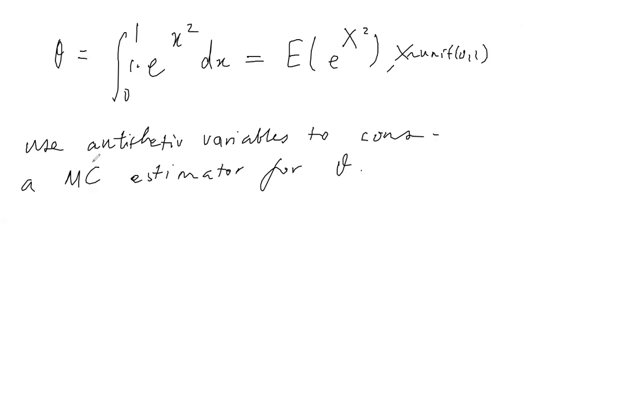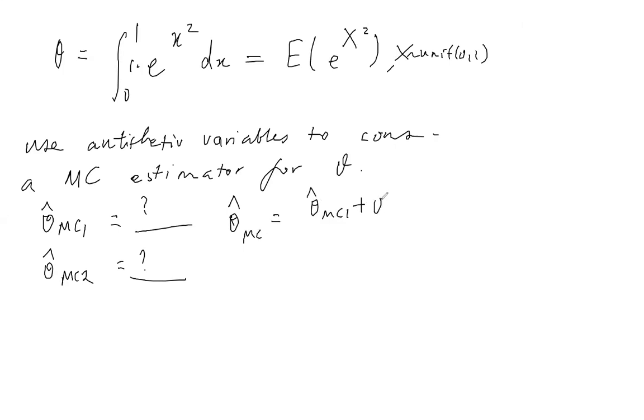So if you're going to use antithetic variables, what is the first one and what is the second one, right? And then you combine them and you divide by 2 to average out, okay? All right, so what is this form? So just quickly work out this form.